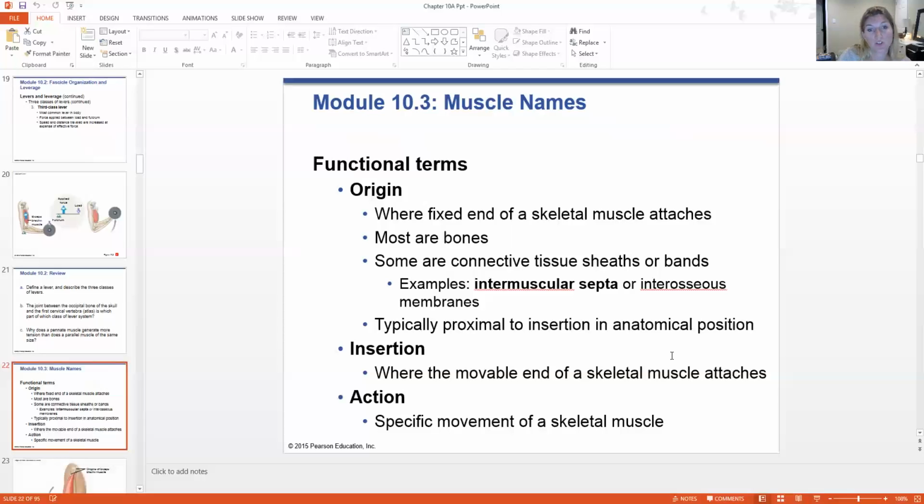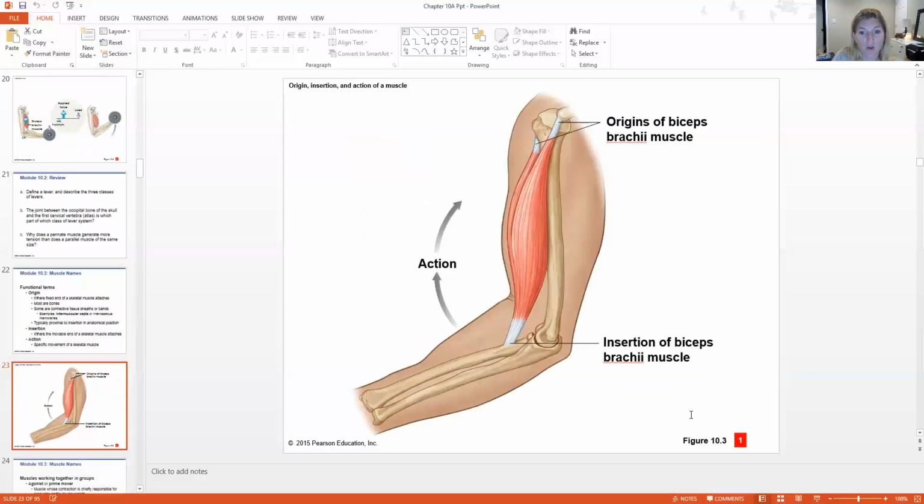So there's also the insertion. This is attached to the movable end of the muscle. And then the action is the specific movement that our muscle provides. So if we look at our biceps brachii muscle, we have our origins proximal to the body, and it's biceps, bi, two. That means there's two origins. A little bit of naming nomenclature for you.